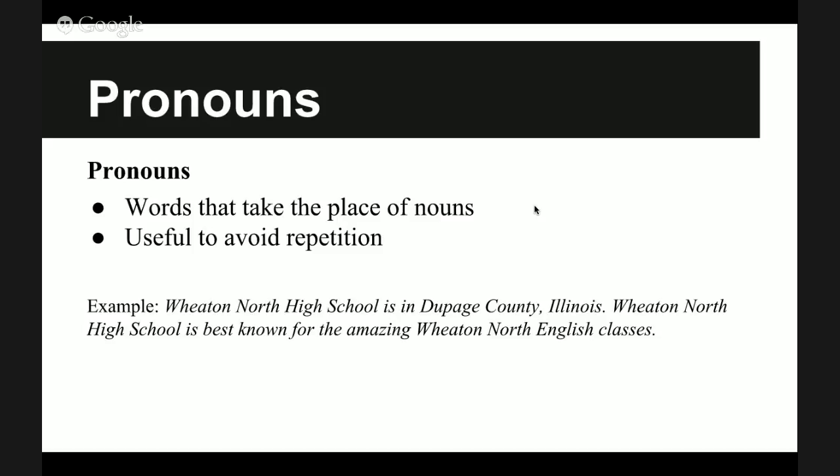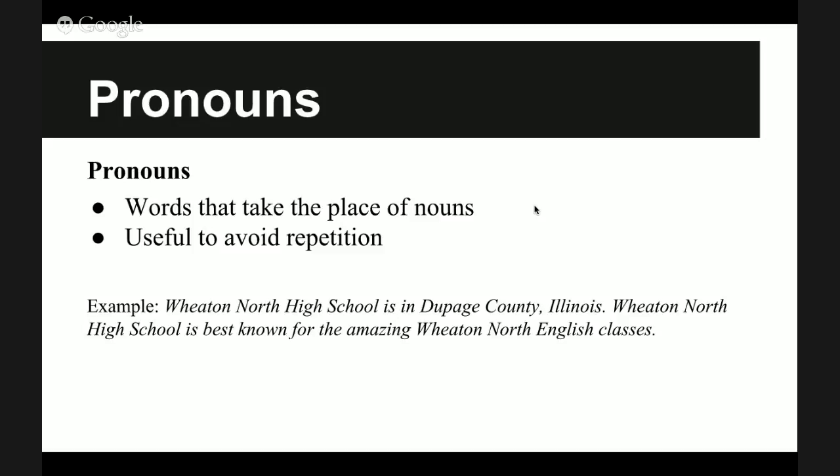Now, there's not anything technically wrong or grammatically incorrect with those sentences, but I think you'll agree that, just taking a quick look at those two sentences, it's fairly clunky and awkward in its composition, and that is because the subject noun, Wheaton North or Wheaton North High School, is used 3 times in those two very short sentences. And so what pronouns help us do is avoid that kind of awkward repetition.